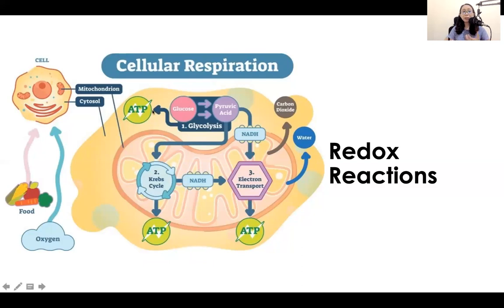Now, this ATP molecule is generated inside the cell, particularly in the mitochondria, through redox reactions. I only mentioned three examples, but there are a lot of redox reactions taking place around us. Most of them we don't notice.